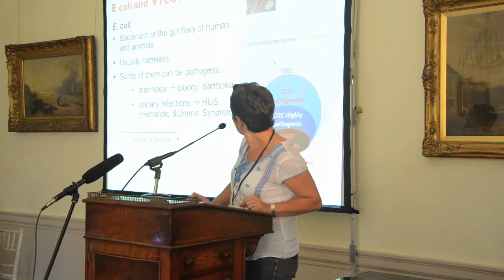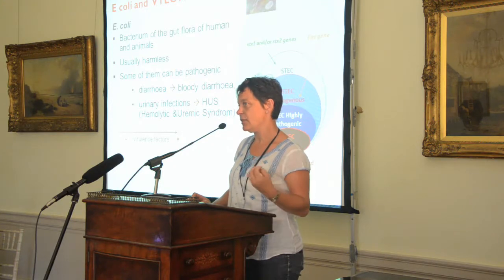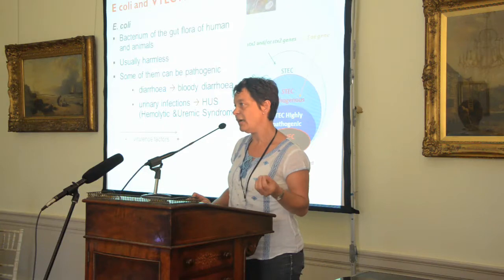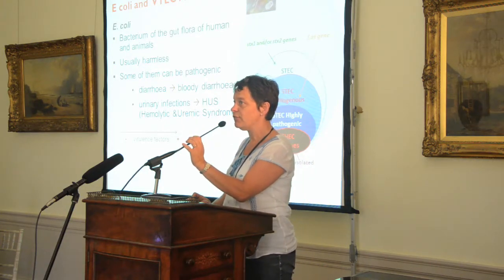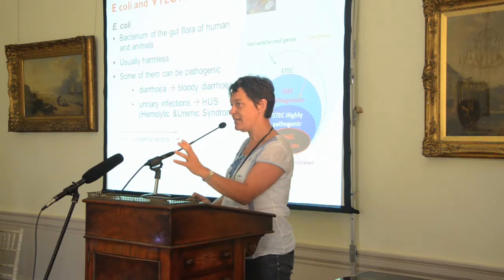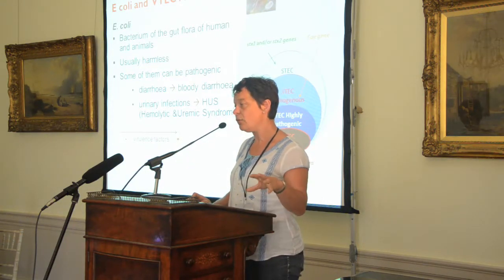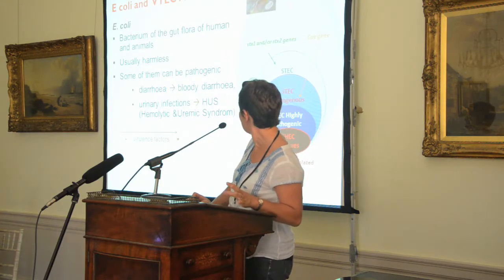And in fact, in the big family of E. coli, you've got different kinds of bacteria having different kinds of genes. First of all, you've got some of them that have the stx genes, which are the Shiga toxin genes. And when we've got an E. coli having these genes, you are speaking about STEC.